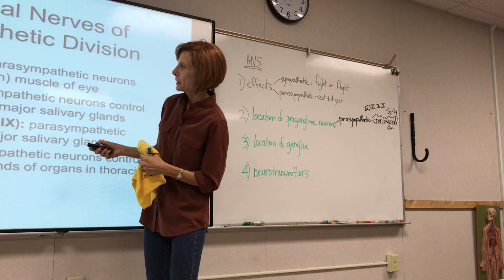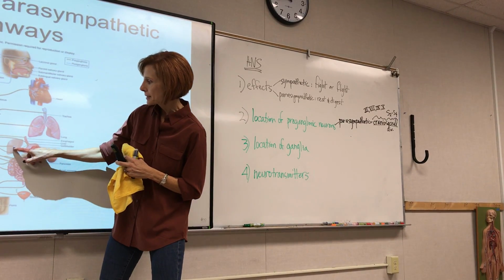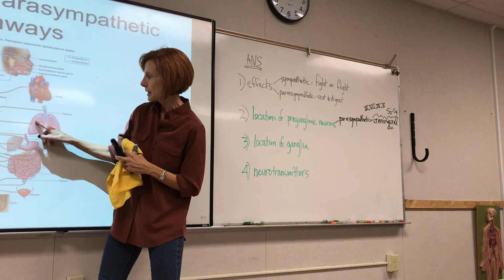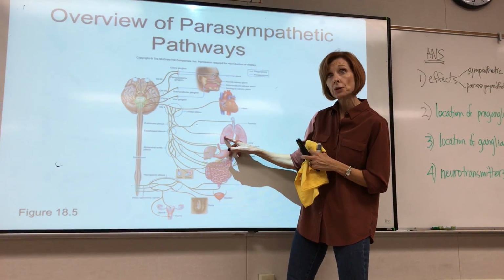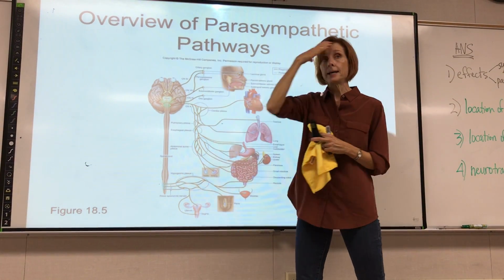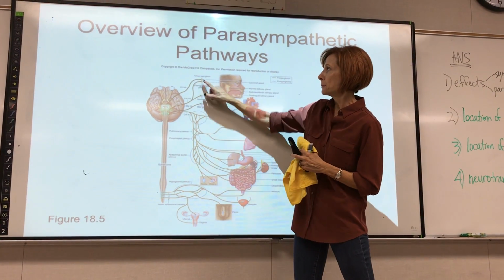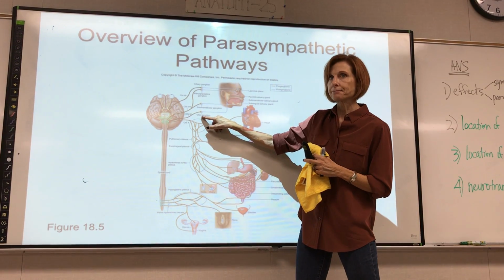Let's go back to that for just a second. If you look closely, you can see that it looks like these neurons are synapsing way out here at the organ. So these are all terminal ganglia. Notice there are some ganglia in the head that have different names. You can see they are labeled here. You do not have to know their names.